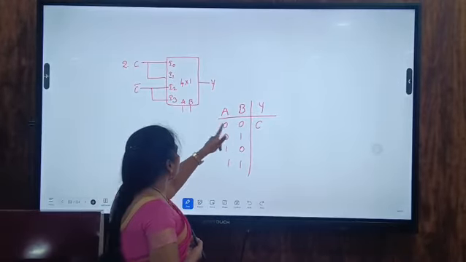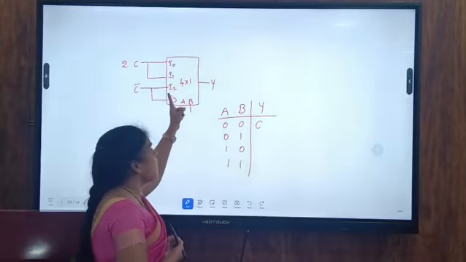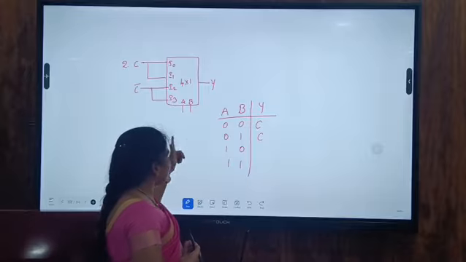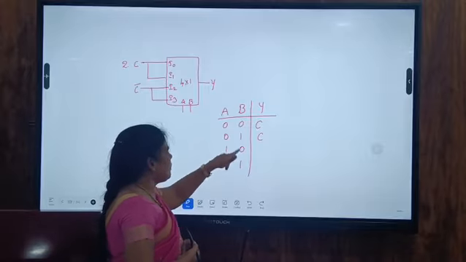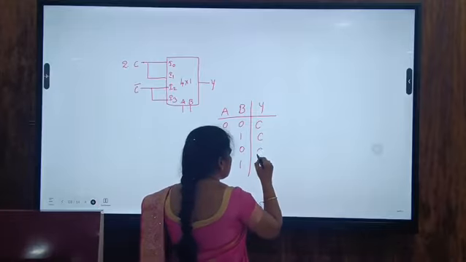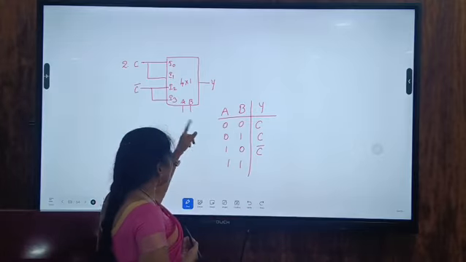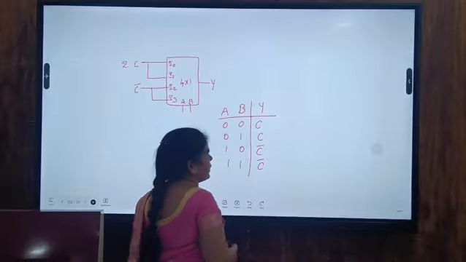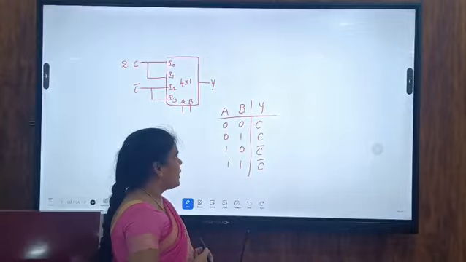And for the next one, 01, which one will be selected? I1 will be selected. So I1 is also equal to C. Next, when A equal to 1 and B equal to 0, I2 will be selected and that value is C bar. Next, AB equal to 11, again we are getting C bar only. Now we have to write the final expression.